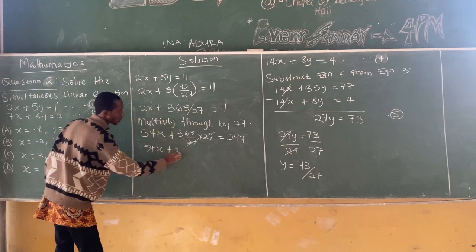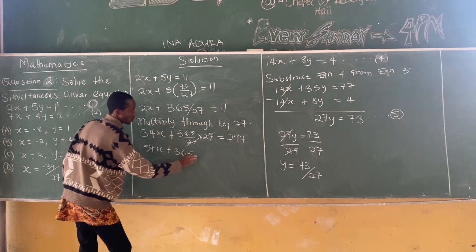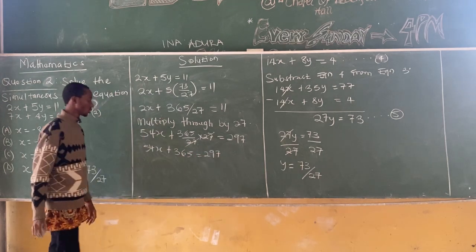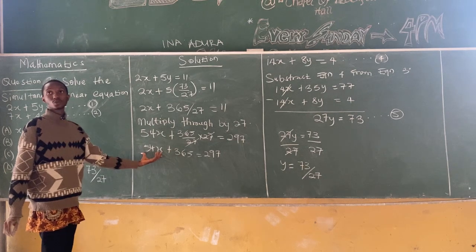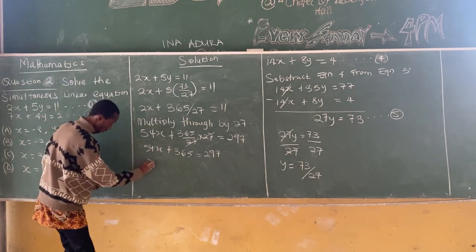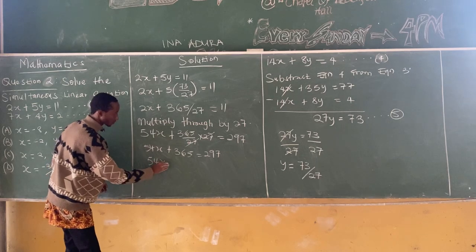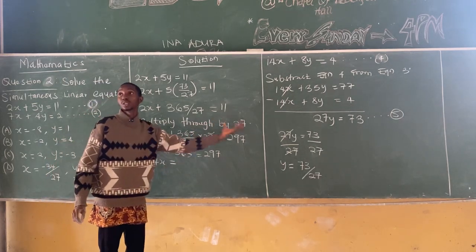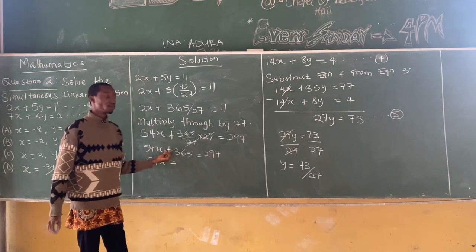Now this is 54x plus 365 equal 297. For us to get the value of x, we make x the subject of formula here. By that we mean 54x is equal to 365 will cross the equality sign to this other side. The sign changes from plus to minus.